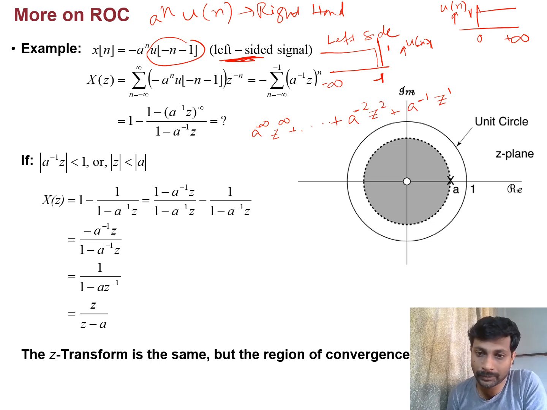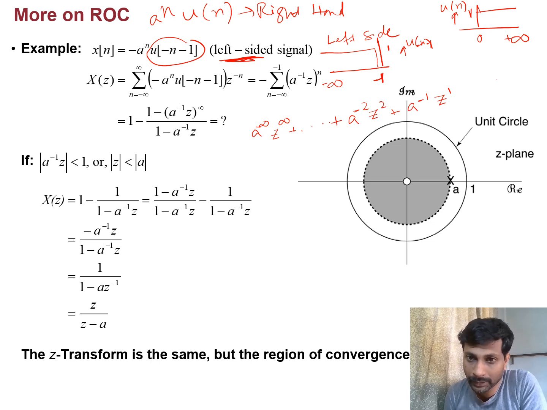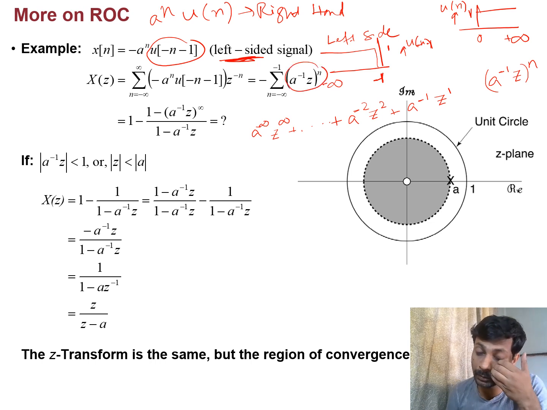So basically you are getting a to the power minus 1 z to the power n, that is this term. So this term is the repeated term. If you take this term common, then what will you get?